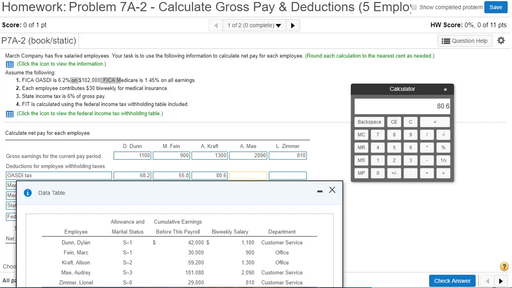When you watch that, you find out that her OASDI tax is $57.04. Now for Zimmer, we're going to take the 810 times 6.2 divided by 100, which gives us 50.22.